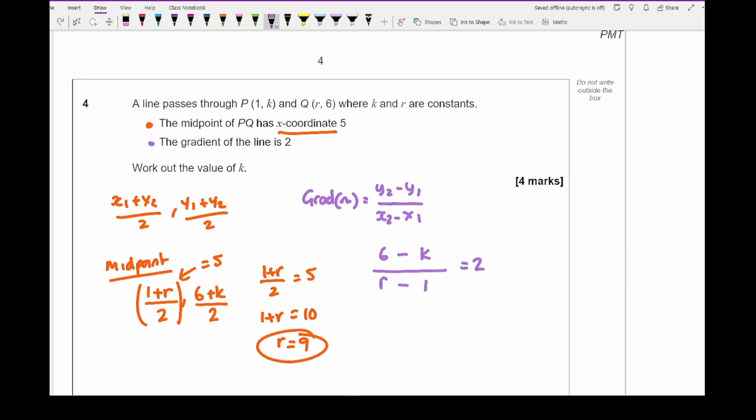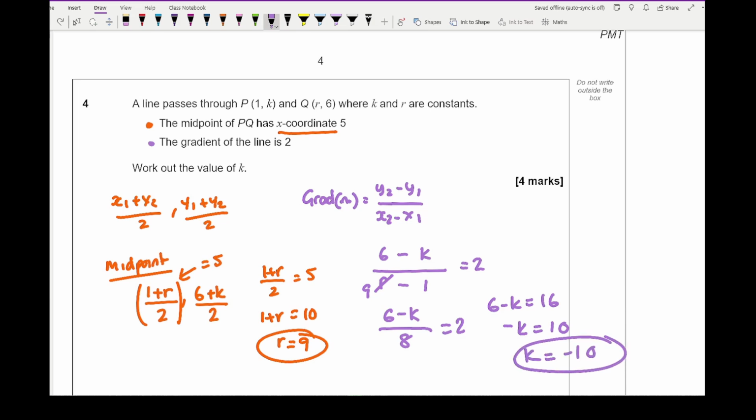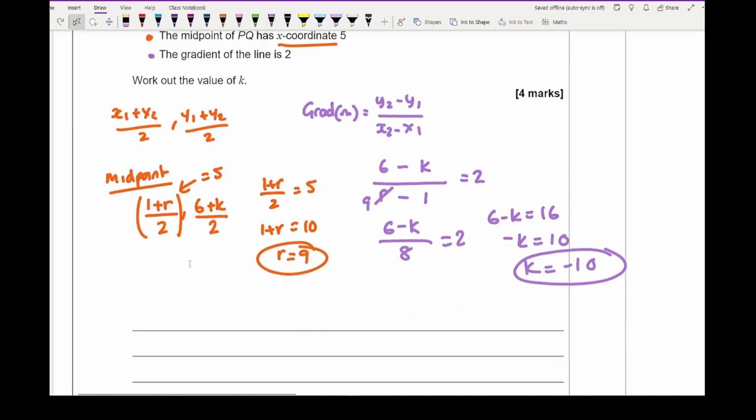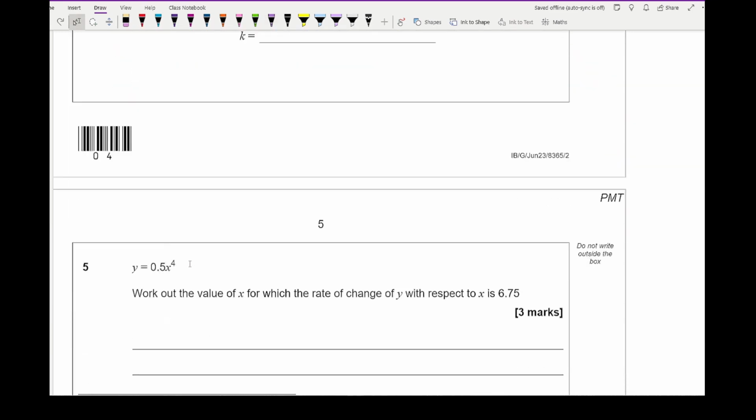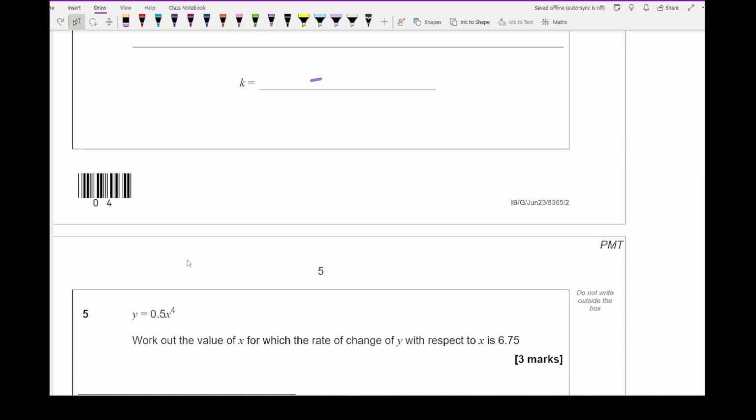Now I know that r equals 9, so I can replace that with 9. So what I end up with is 6 minus k over 8 equals 2. So 6 minus k equals 16. And then from this we get minus k equals 10. So k equals minus 10. And there is my value of k.